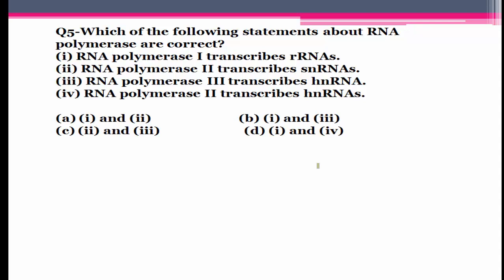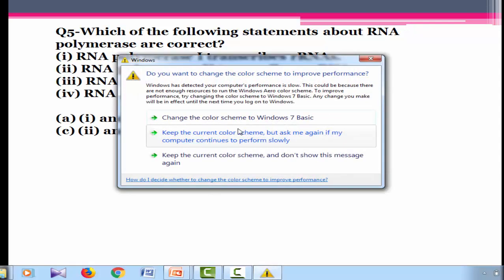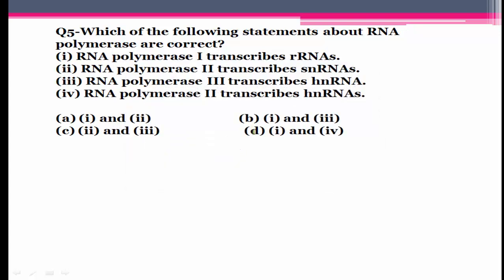Cells are eukaryotic and here mRNA contains both introns and exons. Therefore, the right option for this one is the fourth one. RNA polymerase 2 transcribes hnRNA. Then what about RNA polymerase 3? It transcribes tRNA. So here the right option for the given question is the fourth one, option D. The 1st and 4th statements are right statements with respect to the RNA polymerase.